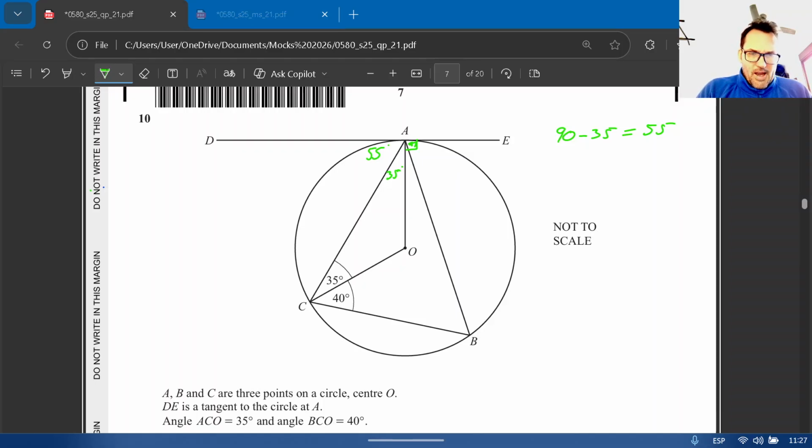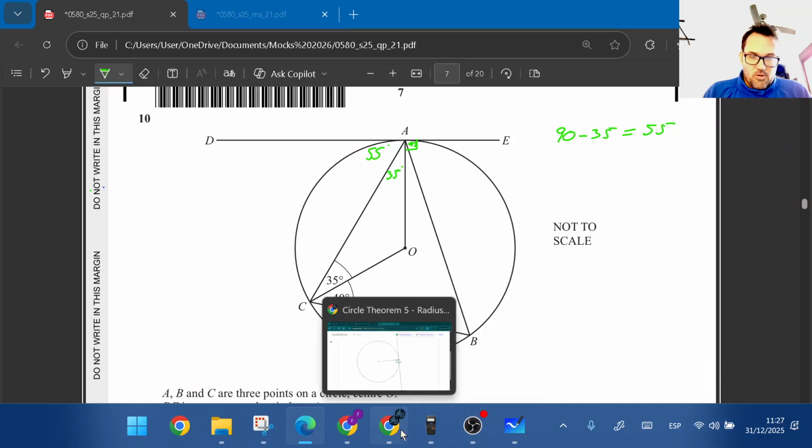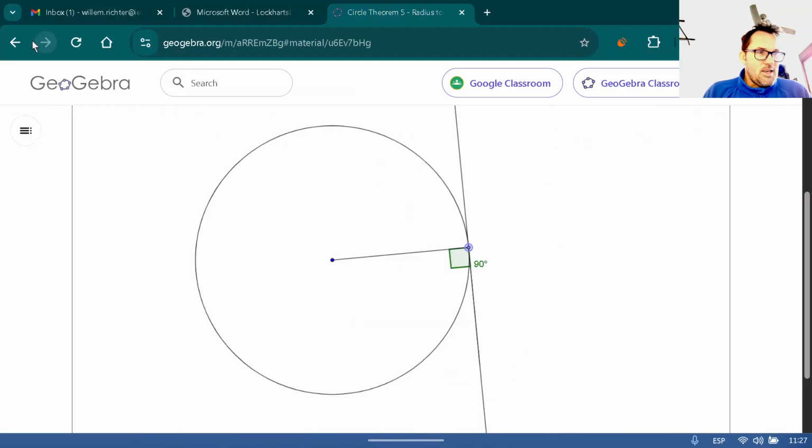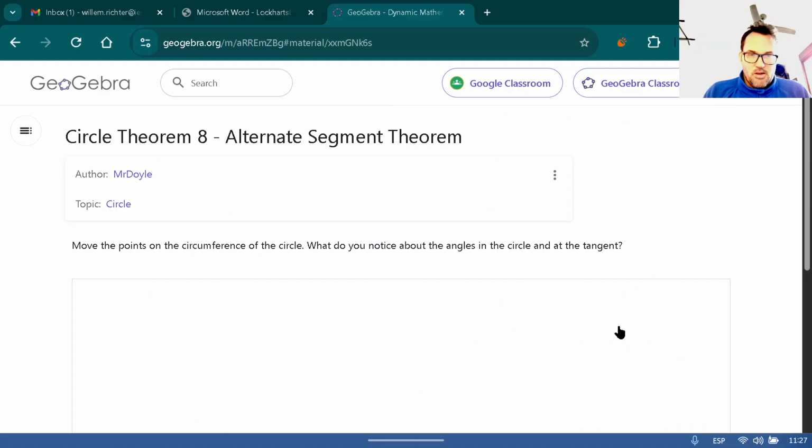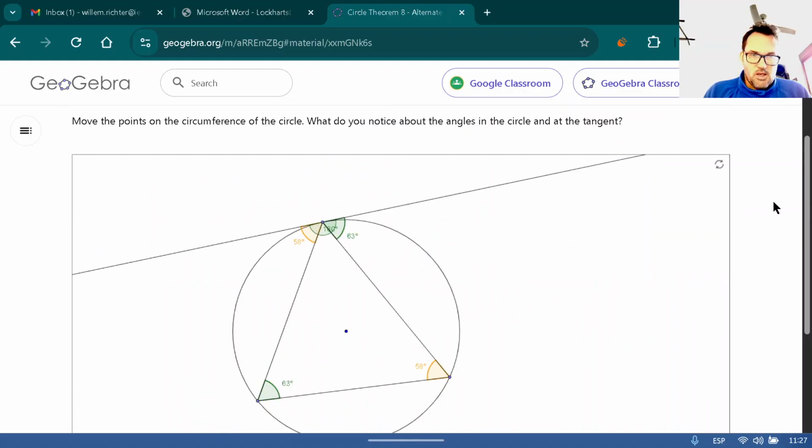What else do we have? Then I'm thinking of whenever you see a triangle inside a circle, with the angles of the triangle on the circumference, and the tangent, you look for the alternate segment theorem. This one over here.